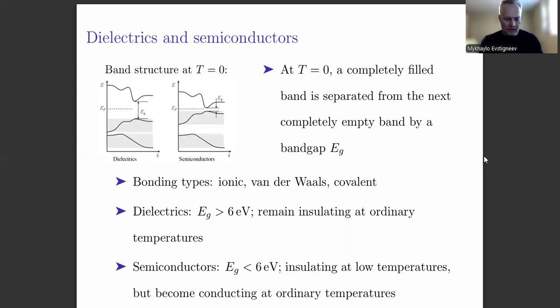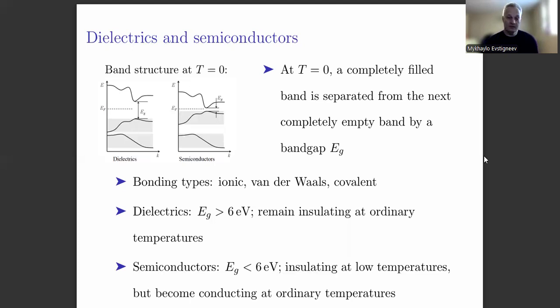I will return to the type of bonding and the two types of materials, but let me just tell you first that the difference between semiconductors and insulators or dielectrics is not qualitative, it is quantitative. It is just the size of the band gap. Loosely speaking, if the band gap exceeds 6 electron volts, then the material is an insulator.